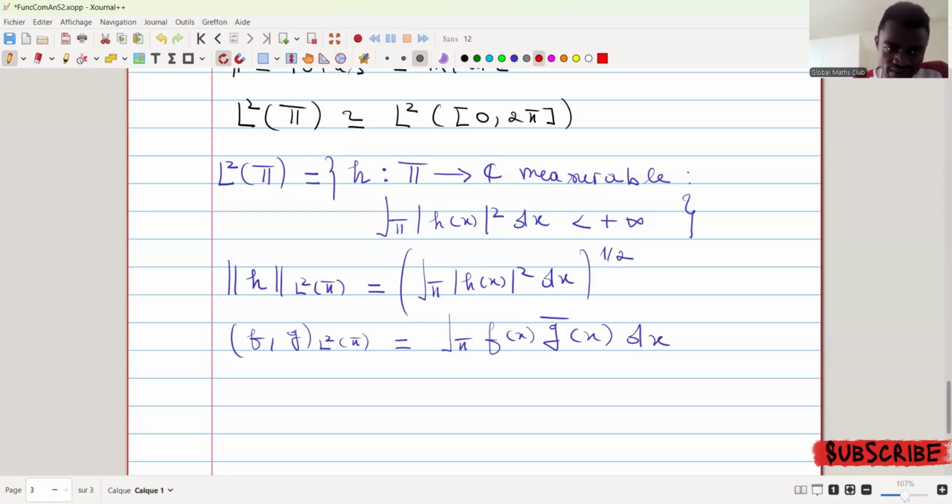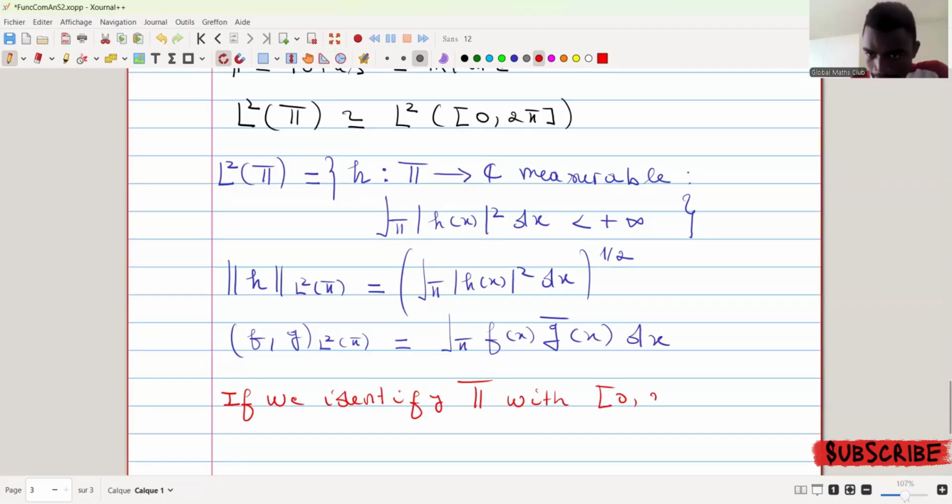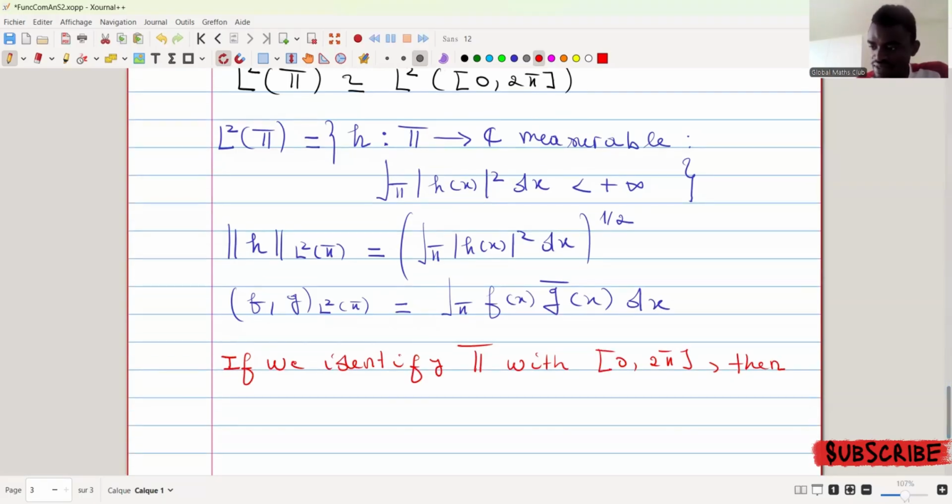So if we identify, so let me mention this. If we identify the torus with 0, 2 pi, so with periodic functions, then we have this.